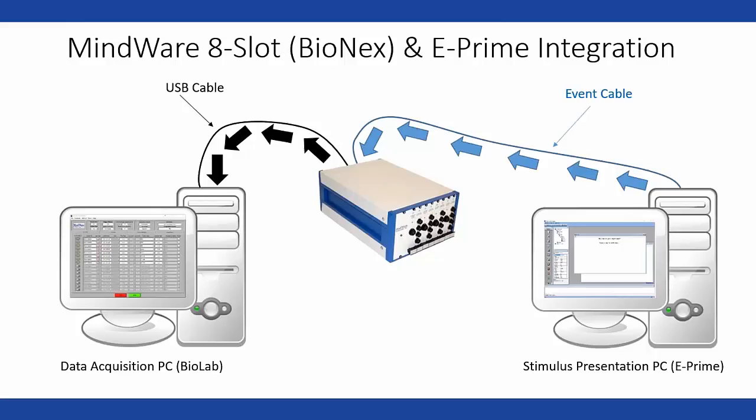That'll run from the back of the stimulus PC to the back of the 8 slot, and this is how we're capturing those events that E-Prime is sending out. We'll go over the different types of timings and when you might want to send out these events. And then finally, we have a USB cable coming from the chassis, in this instance an 8 slot, going to the data acquisition PC. It's just a simple USB cable. This is just giving you an overview of how the system will work.